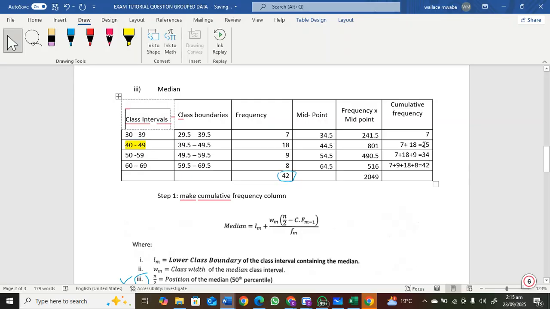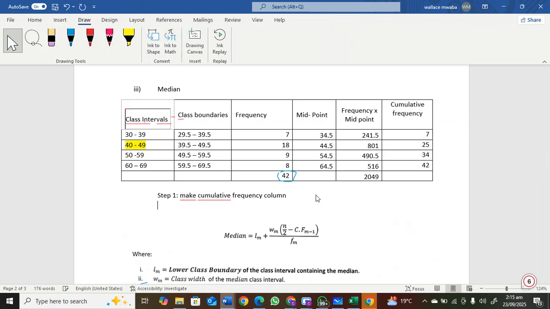But in the exam, you don't need to show all of this. You just put in your numbers there. So this cumulative frequency column will help us find the position of the median class. So step 2, get the position of the median class.